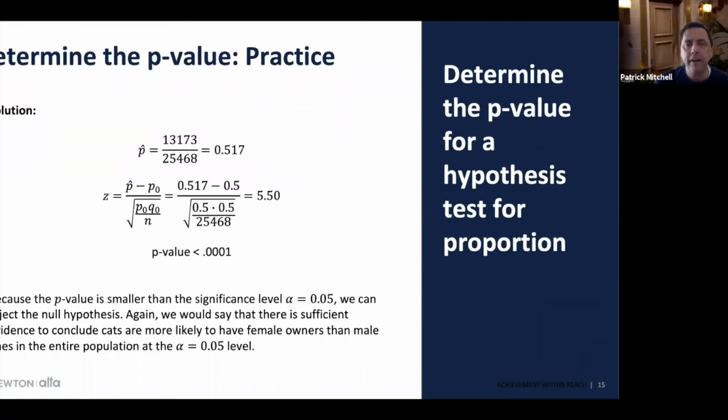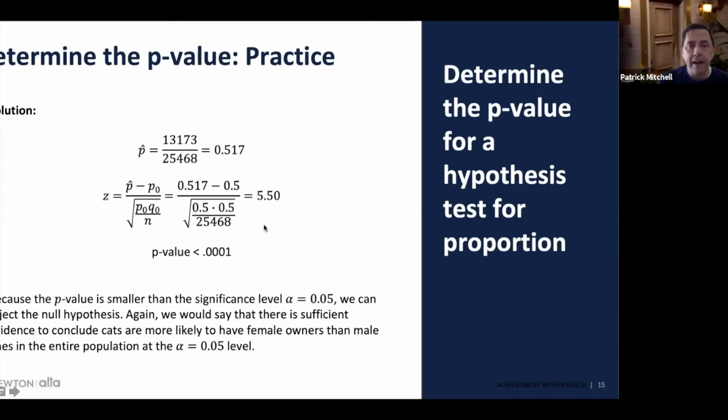So if p equals the proportion of cat owners who are female, the claim is that p is greater than 0.5, all right? So that same proportion goes down here and also here because 1 minus 0.5 is 0.5. And you work that all out and it comes out to about 5.50.